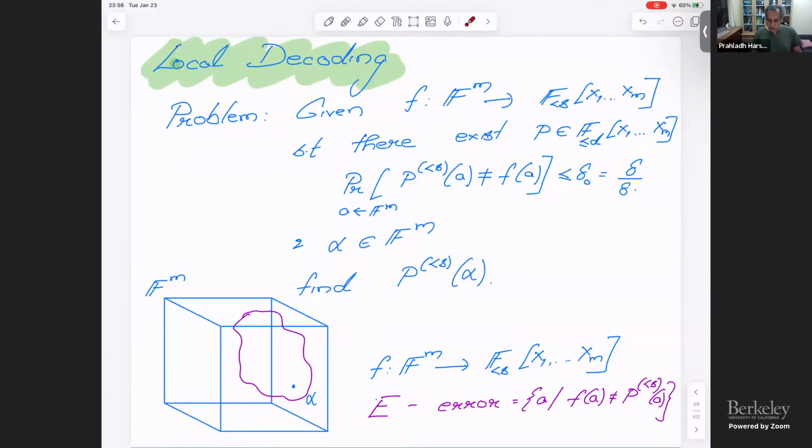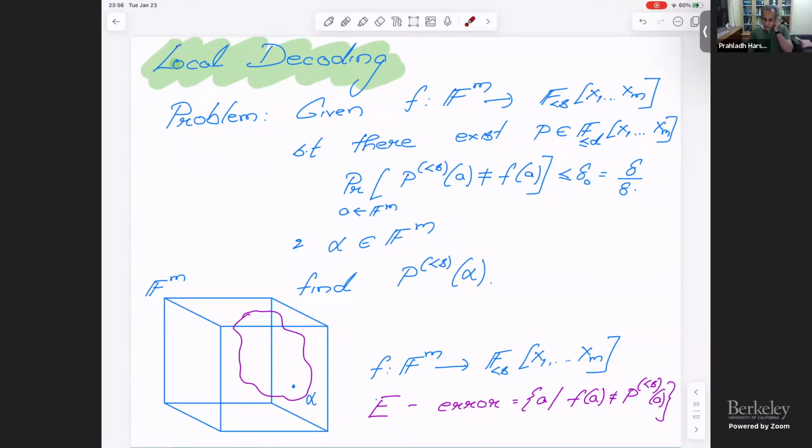There's a bunch of locations, say this violet shaded area, where it's erroneous, but you don't know this region. You promise that f is very close to some p. You do not know where the errors happen. And then you're given a point alpha, and you do not know if it's an erroneous point or not, and you want to find the closest codeword at the location alpha.